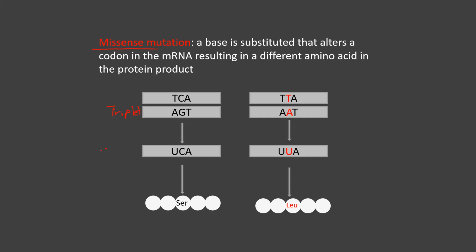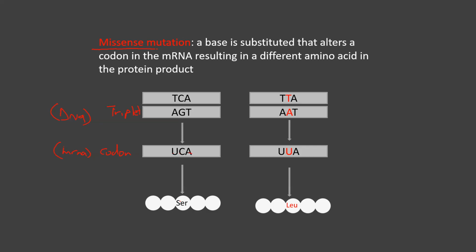This is the codon. Remember, it's codon in mRNA, well, RNA in general, and triplet in DNA, right? So AGT, when converted to mRNA, gives you UCA, right?